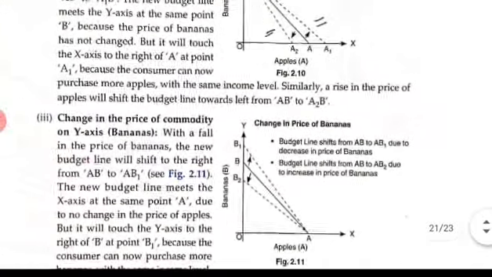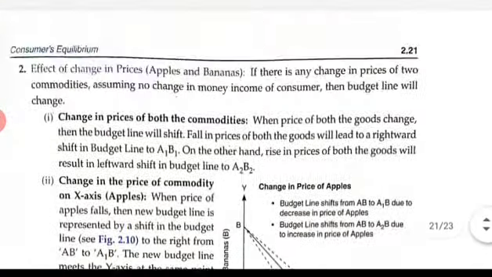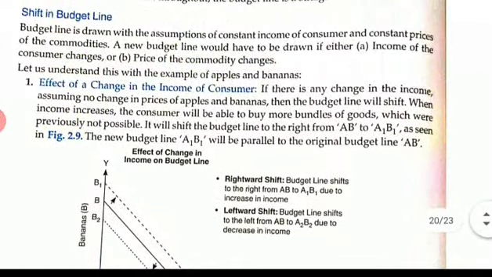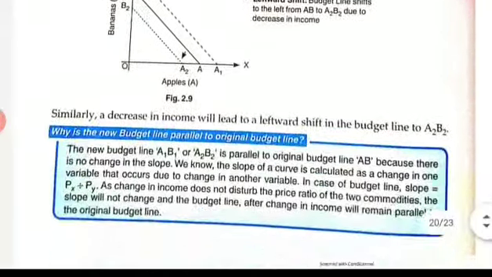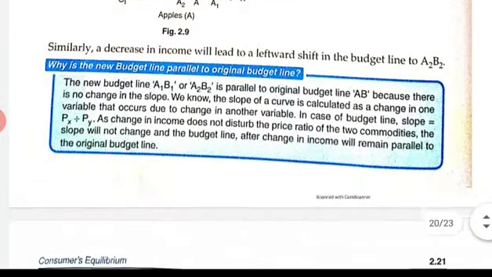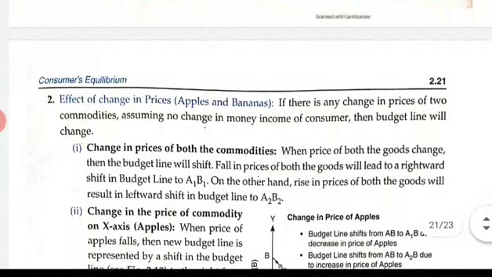If you have to discuss the shift in the budget line, the shift takes place because of a change in income and a change in price. Income change is simple and clear, but when there is a change in the price of both the goods, the entire budget line will shift.